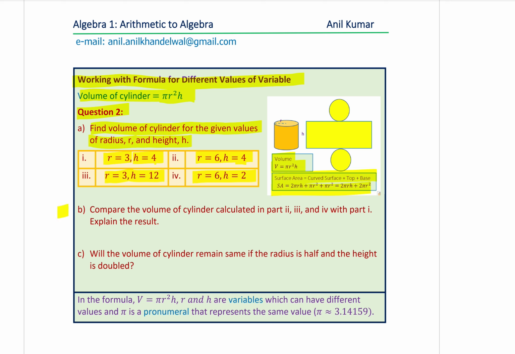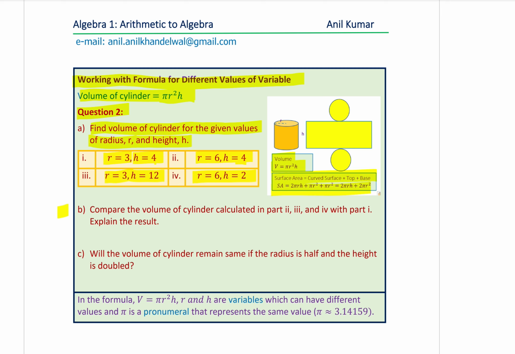Part B is to compare the volume of cylinder calculated in parts 2, 3 and 4 with part 1. Explain the result. So that's very interesting. As I was saying, at times we could double the radius, we could double the height, we could make height 3 times, we could do many variations of radius and height and see how the volume increases or decreases.